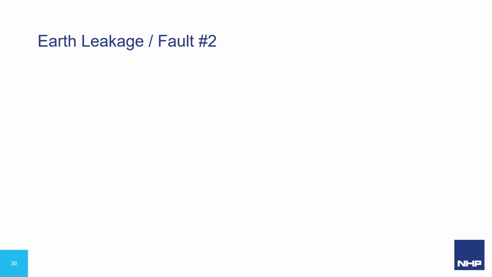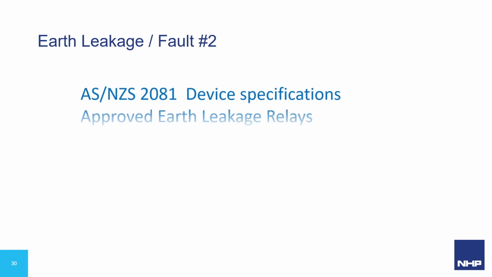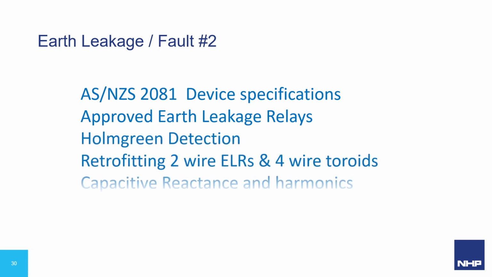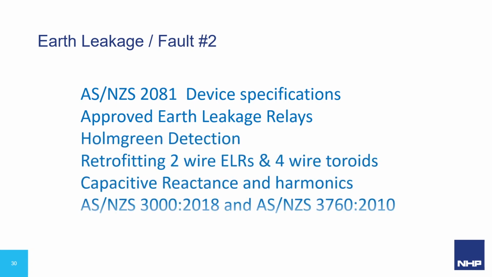So in conclusion, in this video we've looked at AS/NZS 2081 and the IT earthing system. We studied the approved earth leakage relays and why they comply to the specific requirements of the standard. We've covered the Holmgreen method of earth leakage detection for when things may get a bit difficult, and retrofitting 2-wire earth leakage relays without changing out the 4-wire toroids.